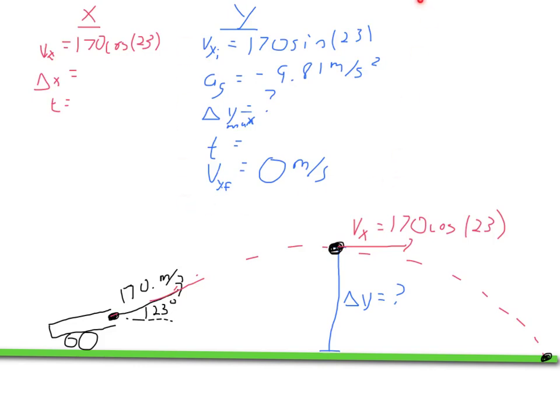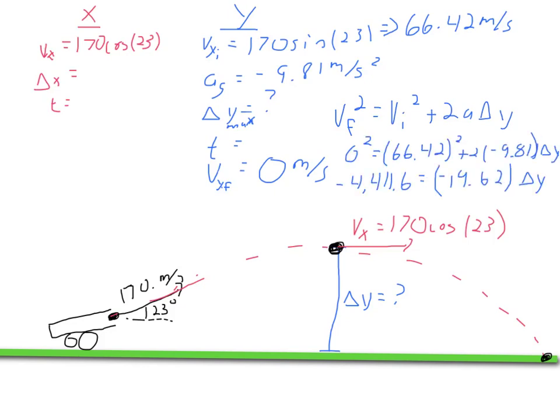Now you actually have enough information in the y-axis to solve for this directly. So 170 sine 23 comes out to be 66.42. You pick an equation that's going to work here, because you know the final velocity: Vf squared equals Vi squared plus 2a delta y. You plug in what you know, and then you solve.